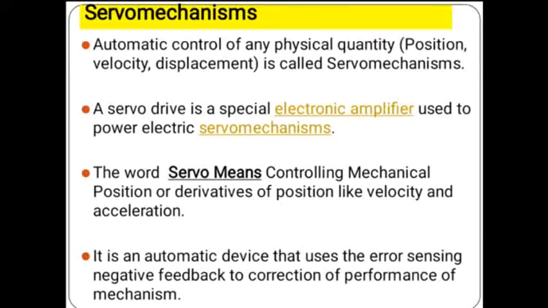It is an automatic device that uses error sensing and negative feedback to correct the performance of a mechanism. So the main aim of servo mechanism is the automatic control of any physical quantity.